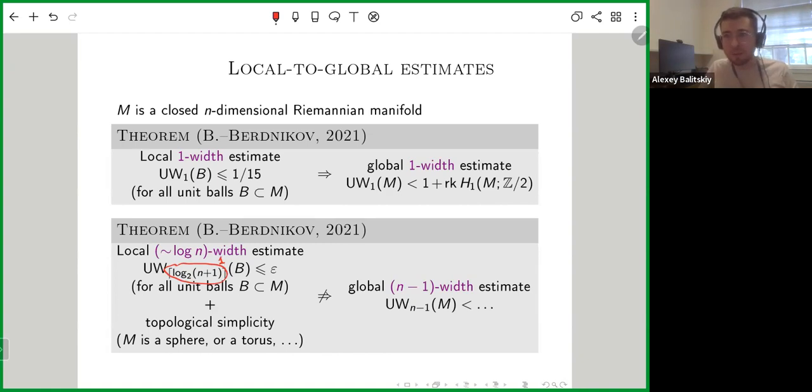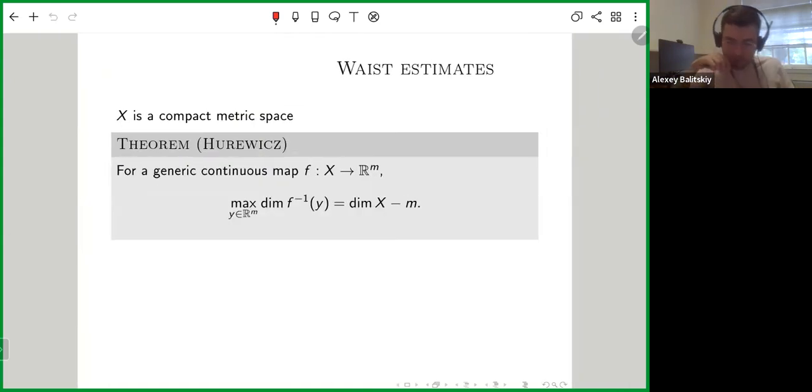But if you assume that your M is topologically simple, then you can prove this weaker statement, though it's still a huge difference between dimensions in the assumption and in the conclusion. So all of the unit balls will be approximately log n dimensional, but the M-band manifold will be of the complete dimension n and cannot be approximated by dimension n minus 1. Things like that. Okay, that was something about locality of dimension.